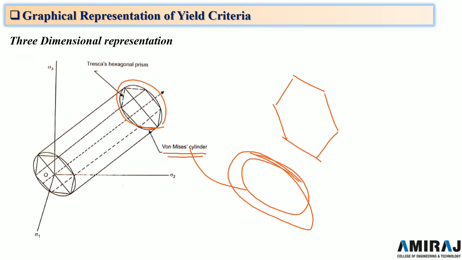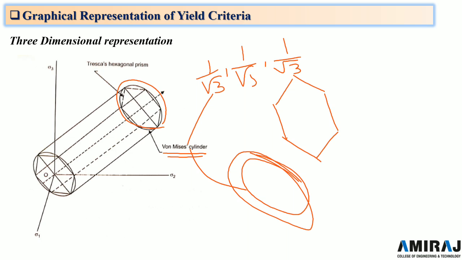The direction cosines of the axis of the von Mises cylinder are 1 upon root 3, 1 upon root 3, 1 upon root 3.